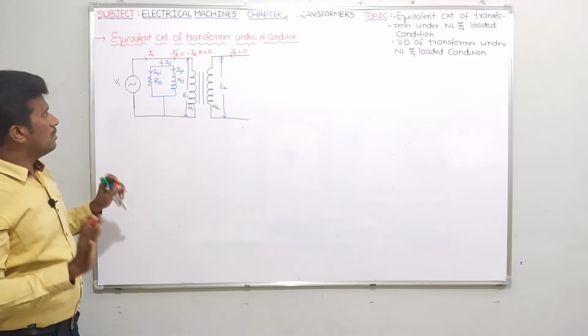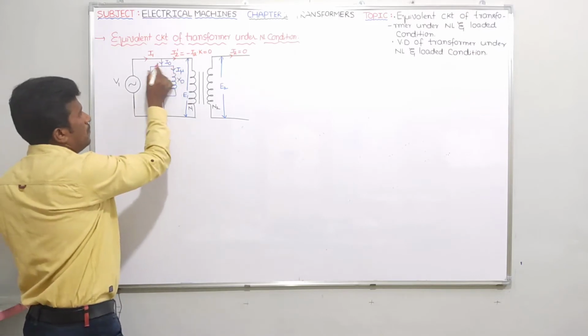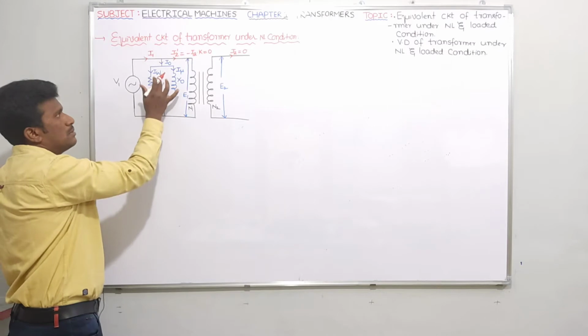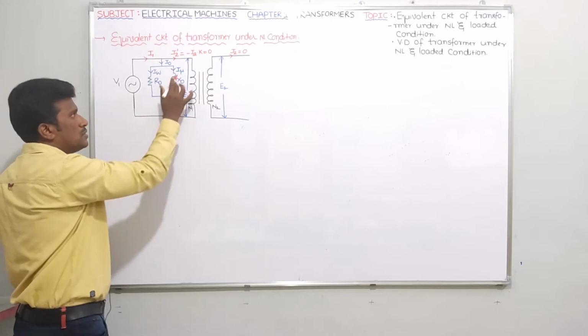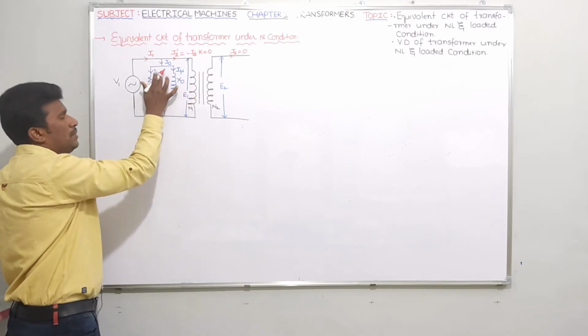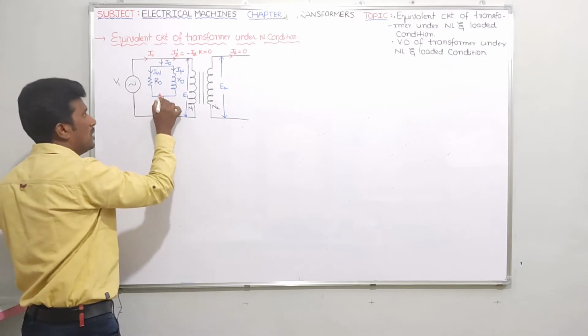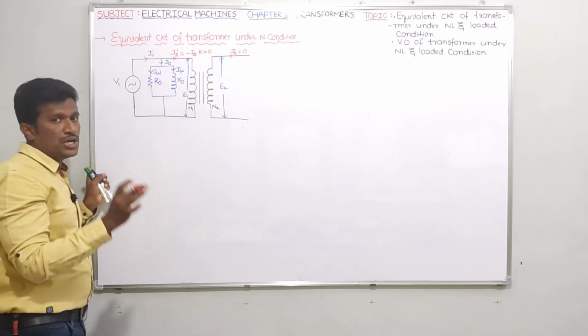Okay. Please remember, here I naught is the current flowing through the transformer core. It is the vector sum of I mu and IW. I mu is used to magnetize the transformer core. IW is used to represent core losses. That's why this R naught, X naught are nothing but shunt branch parameters.